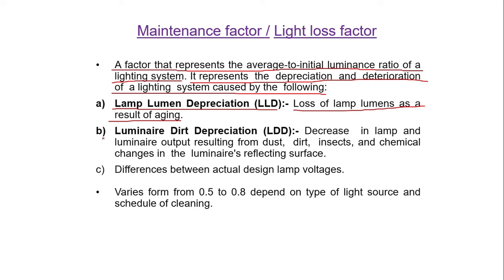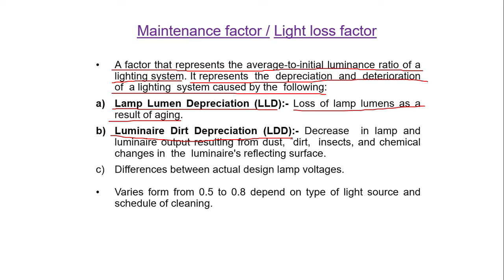Second is called the luminaire dirt depreciation. Now consider I have purchased a 45 watt lighting fixture, and I have fixed it outdoors in one of my process plants. Now because of chemical fumes, dust, rain, everything, all that dirt will get accumulated on this lamp and definitely a layer would be formed, which we call as glare sometimes, which would not allow the light fixture to throw the exact lumen output to the calculation surface.